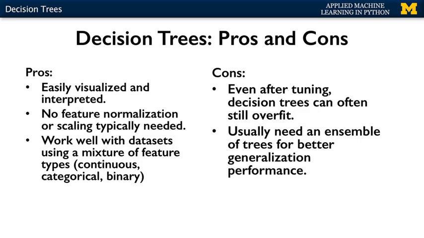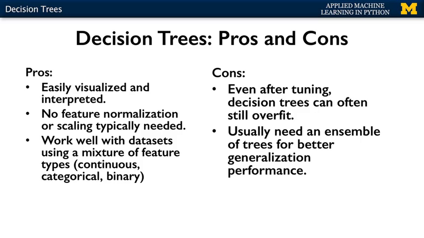Another advantage is that you can use them without having to do feature preprocessing or normalization. Since each feature is processed independently and the splitting of the data doesn't depend on the absolute scale of the feature, the decision algorithm can operate on the original training data pretty much as is. So decision trees tend to work well with datasets that have a mixture of feature types, binary, categorical, or continuous, and with features that are on very different scales.